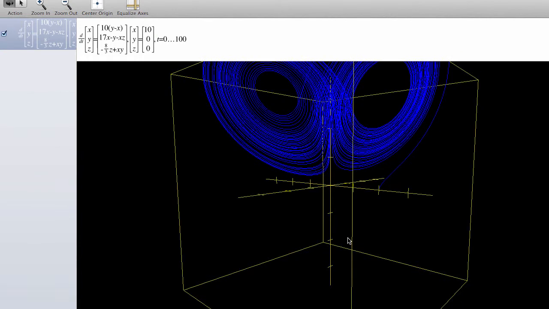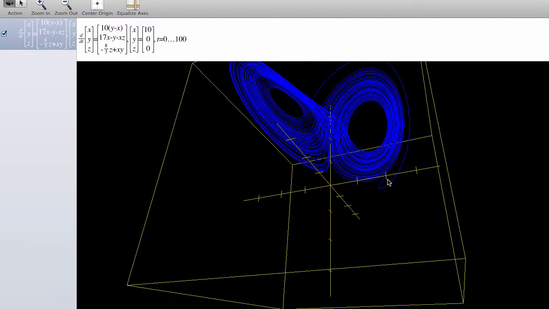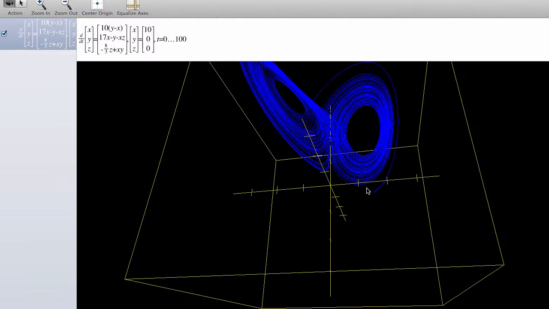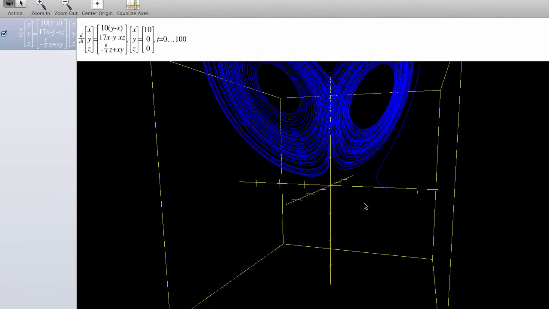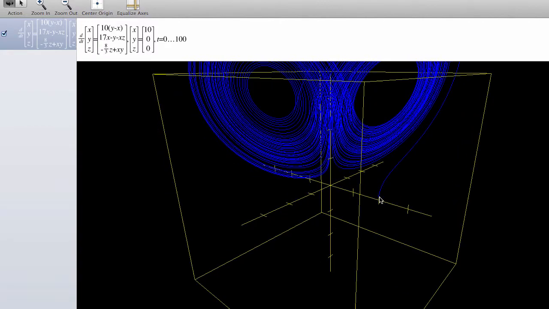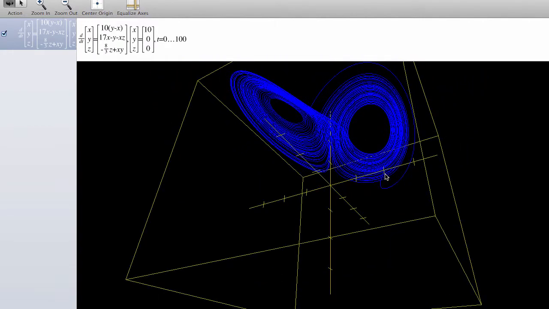You notice how we started here at this point. Well, this is a differential equation, so this orbit that you're looking at here is a unique orbit. For it to be periodic, it would have to come back and actually meet at its original spot, and it doesn't. Okay, that's enough of that.